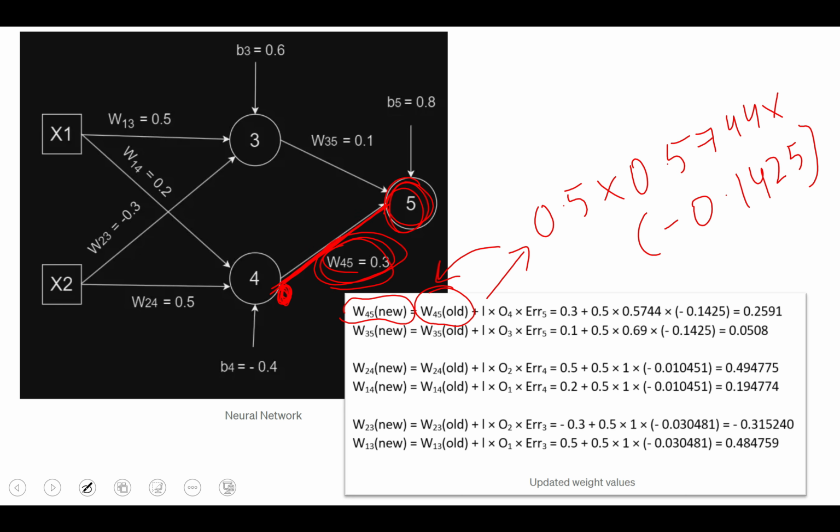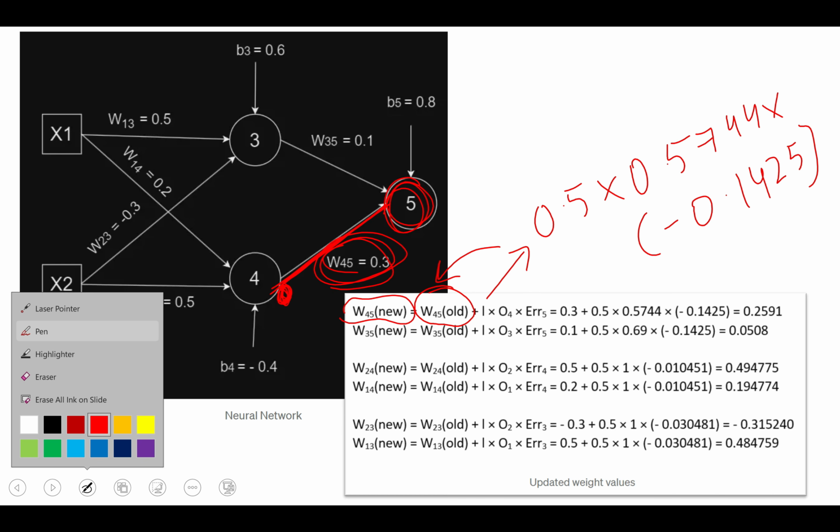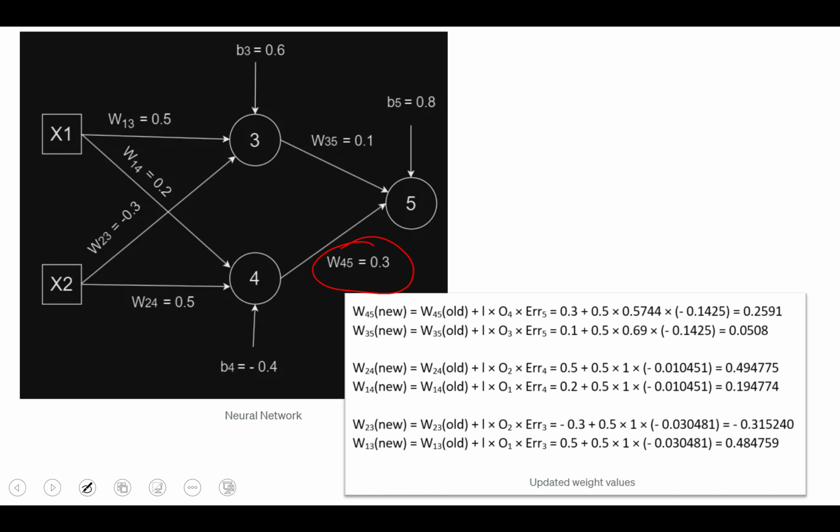All right, so again, what we have done is the older weight plus learning rate multiplied by whatever the output was here and whatever the error was here. This is how we evaluate the newer weight.